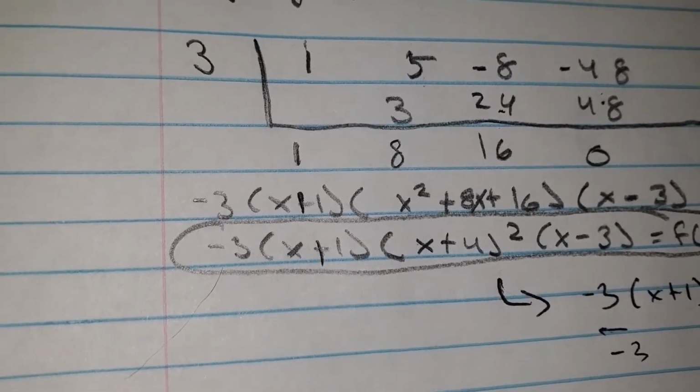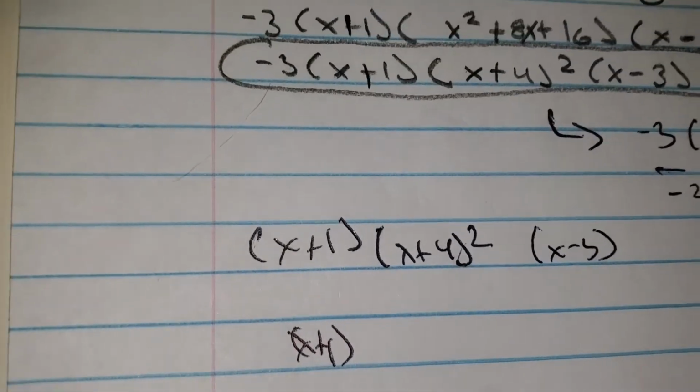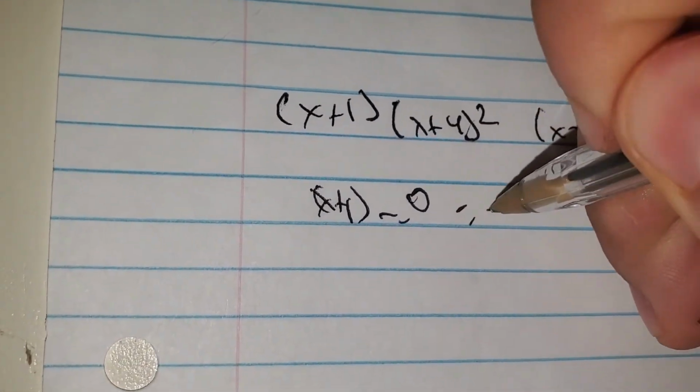So x plus 1 is equal to 0, leaving us with x equals -1.